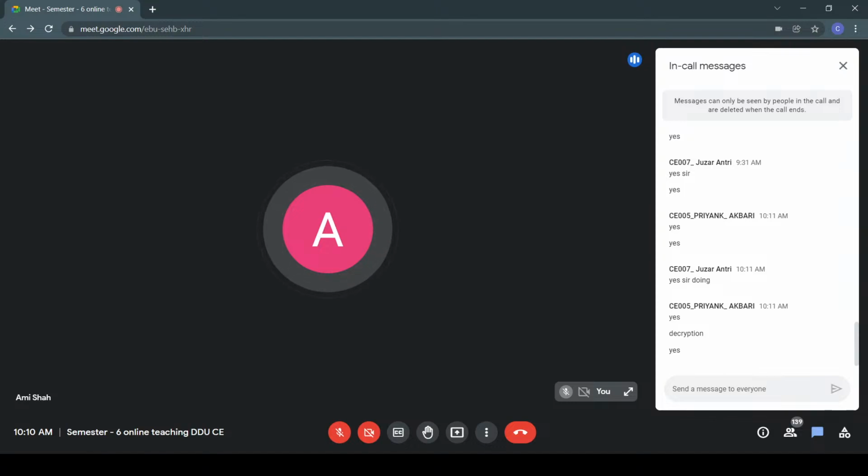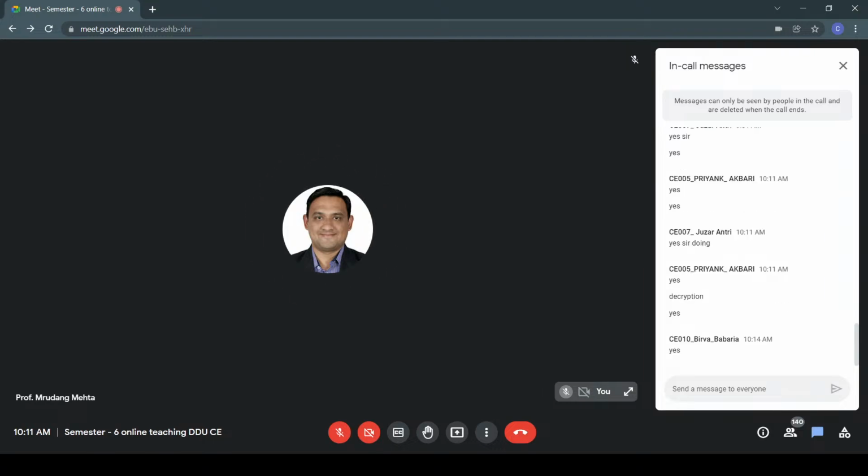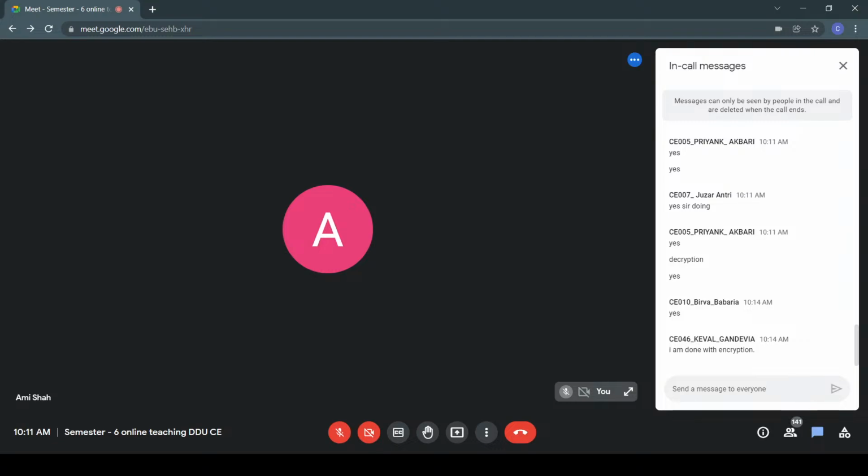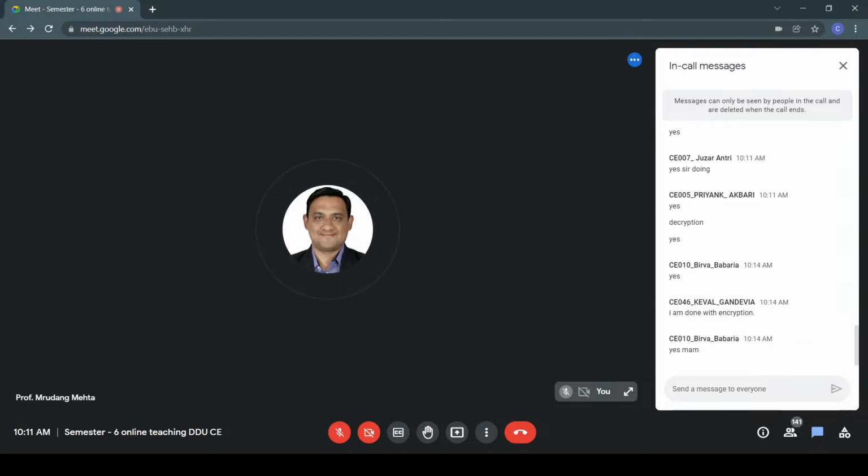See how many students have implemented up to primitive roots. So please write down in the chat window, and everyone please communicate it with us. Type in the chat box if you have implemented primitive root code. Birva, is it done? Okay, good. Others, please type what is your status. Type your status, what you have done, how much it is finished.